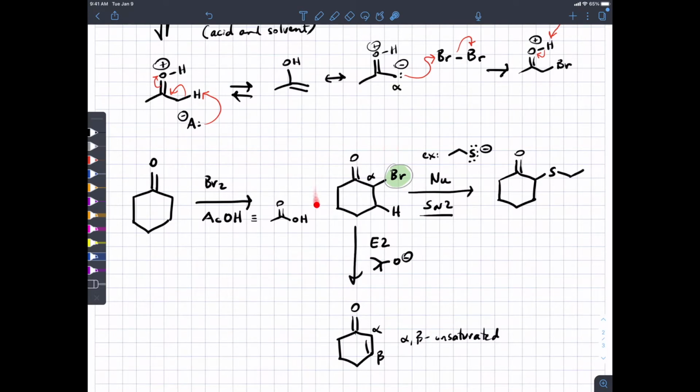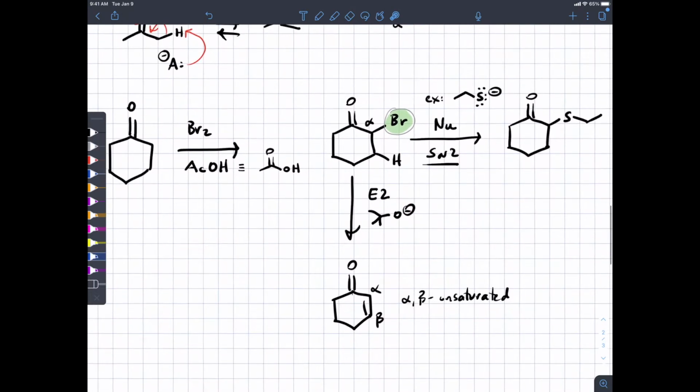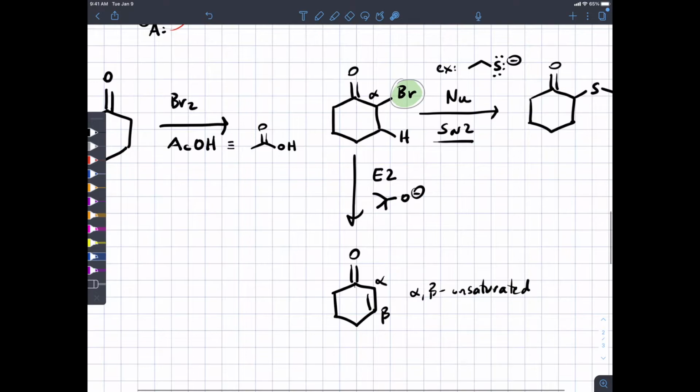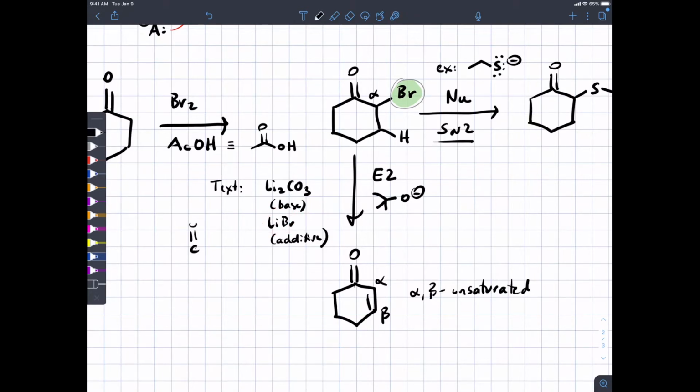One thing I do want to say, though, about this elimination reaction is that your text presents an entirely different set of conditions. From the text, the choice of base is lithium carbonate, and then lithium bromide is some kind of additive. And your text never explains what lithium bromide is, or what it does.